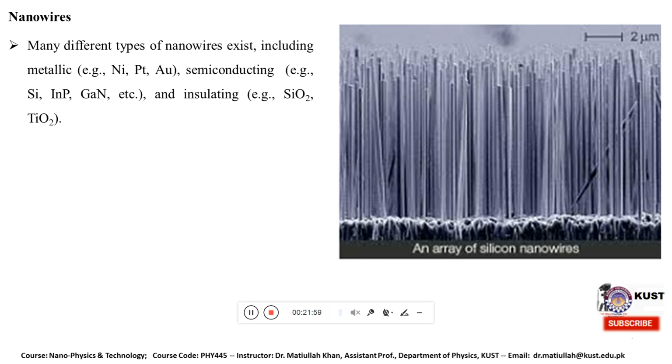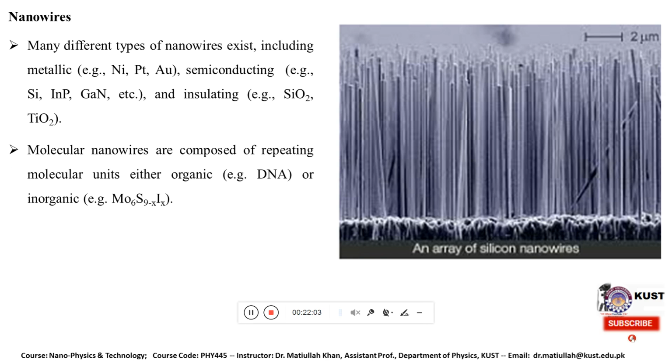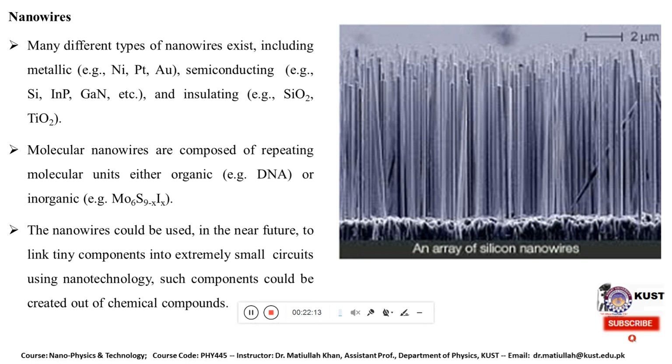Similarly for some insulating materials like TiO2 and SiO2. Molecular nanowires are composed of repeating molecular units, which may be organic or inorganic. In the near future nanowires could be used to link tiny components into extremely small circuits.